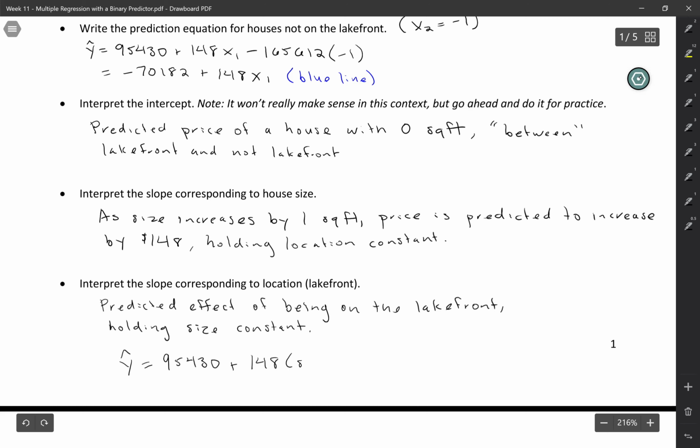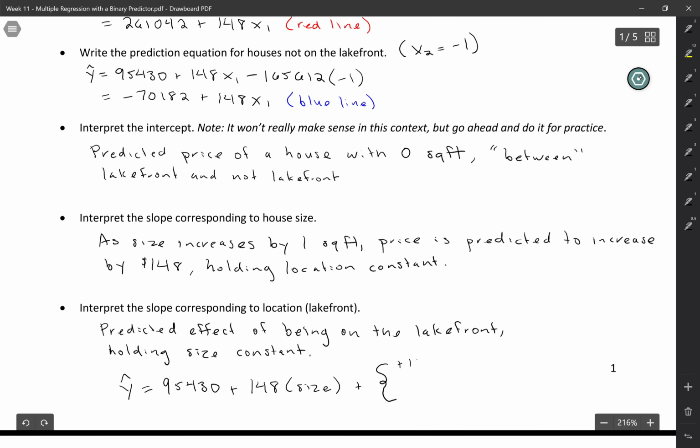That's what we're plugging in for x1. But now I'm going to write the location variable like we would have done in a past unit. So I'm just going to do this as the two effects. So we're going to add 165,612 if it's on the lakefront, and we're going to subtract 165,612 if not on the lakefront.